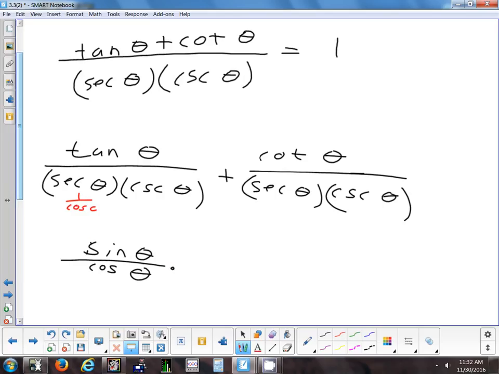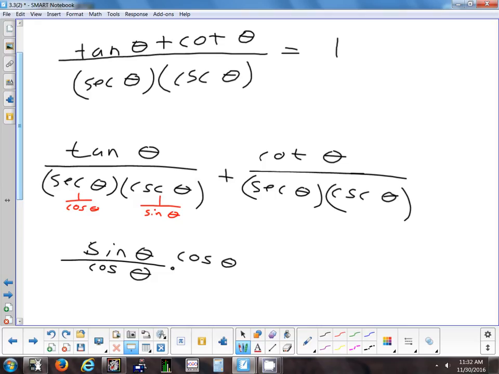And how about cosecant? 1 over sine. So I'm dividing by a fraction in both cases. If I want to change that to multiplication, what do I have to do with that fraction? Flip it and multiply.